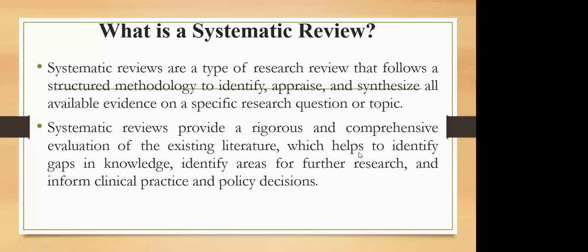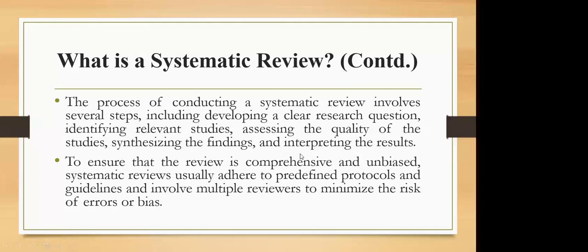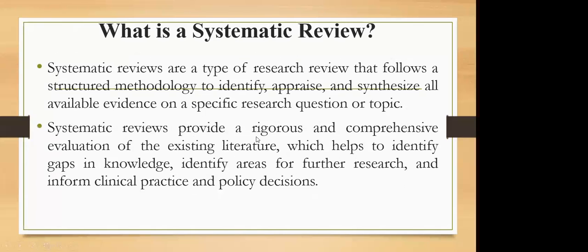So as I was saying, now I was talking about a systematic review, right? So it means that for you to write a systematic review, you need to have what? A structured methodology. There needs to be a process that you need to follow.